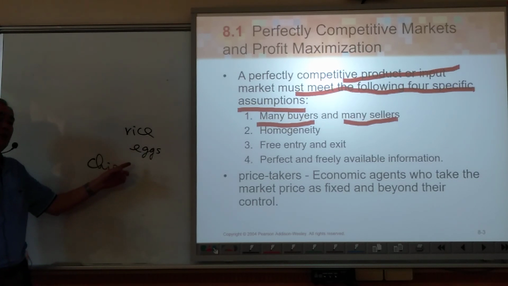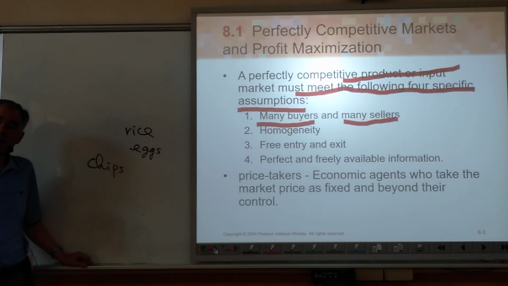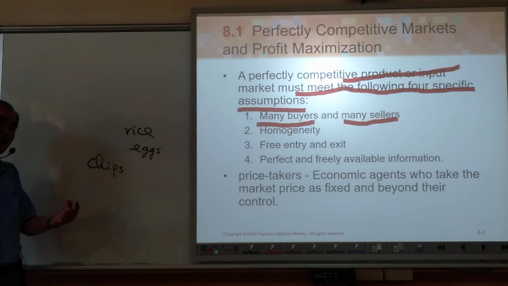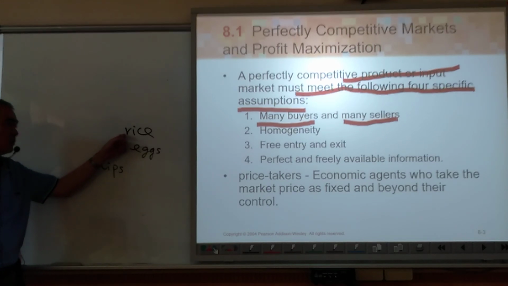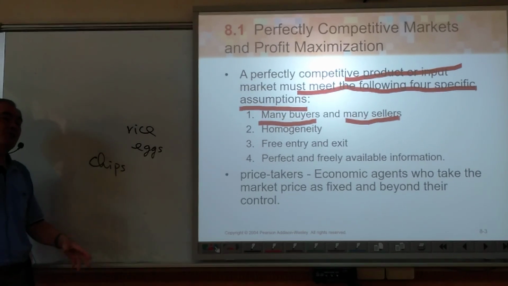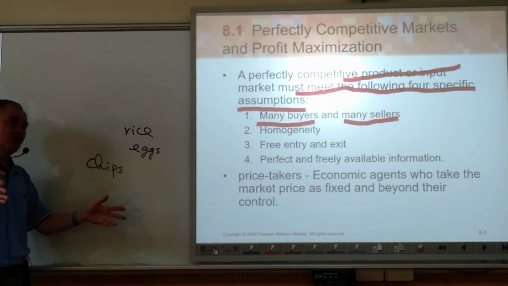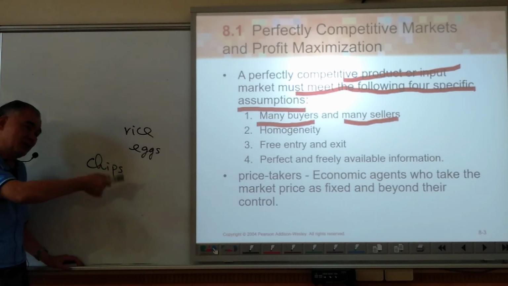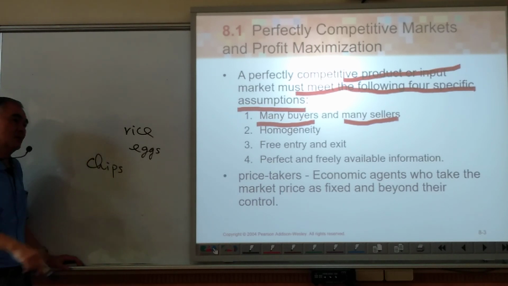So supposedly the same kind of logic will apply, right? If there's a shortage of chips, people can put in more resources, build more factories to produce chips, right? So why not? You understand what I'm talking about? If there's a shortage of rice, a shortage of eggs, we can just give people more money to build more farms, to cultivate more rice, and to have more chickens, and then you're going to have more eggs.